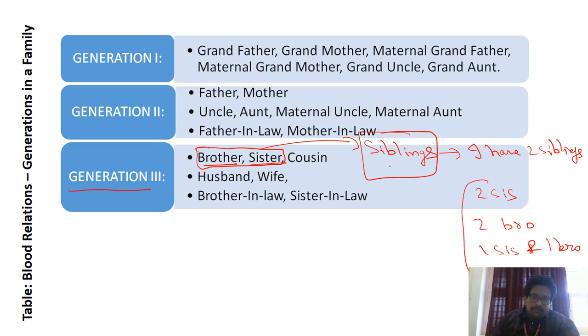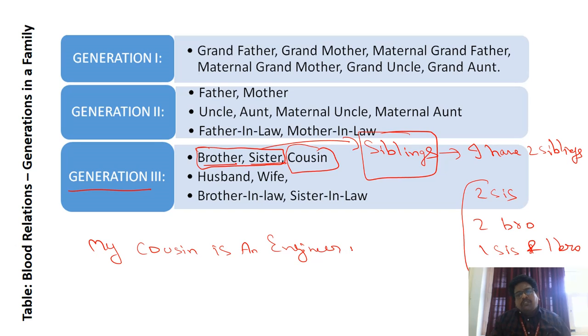Brother, sister. Next, cousin. So who is cousin? To specify, cousin is also not a gender specific word. If I say my cousin is an engineer, as I already discussed in the previous slide, that means there is no gender here. My cousin might be male or female. So my cousin is an engineer and she is a good person, something like that. Now who is cousin first?